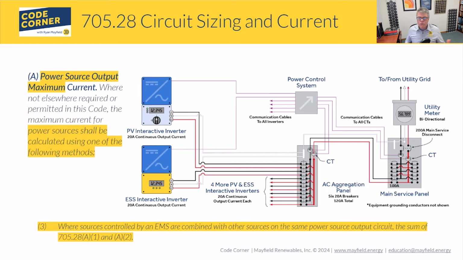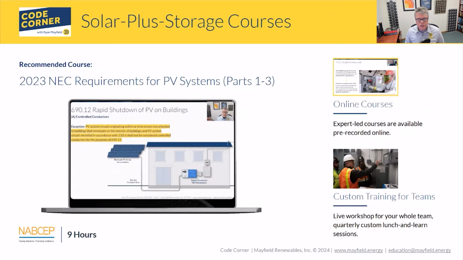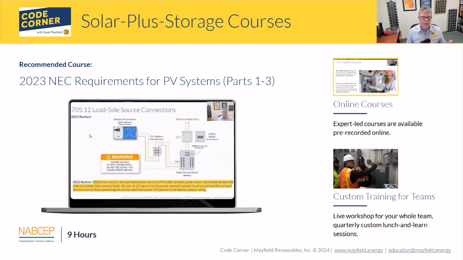Hopefully that helps you understand it. And for those that are familiar with 690.8, it's very, very similar. We're doing really the same kind of things here in order to establish how to move on to the next step. All right, so that pretty much does it for 705.28(A).